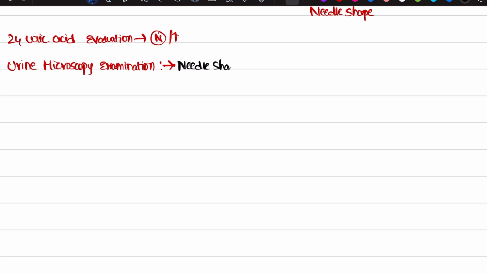Needle shaped crystals. These needle shaped crystals have a property of negative birefringence. Negative birefringence is a property seen under a polarized microscope.